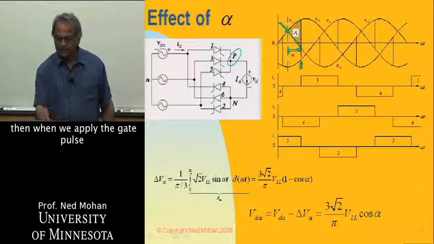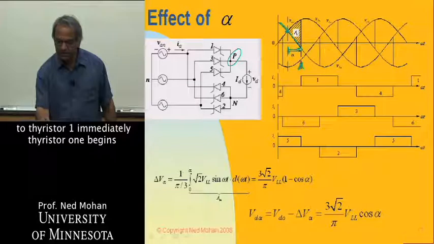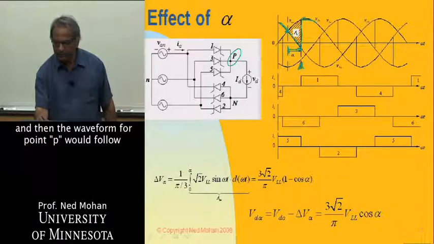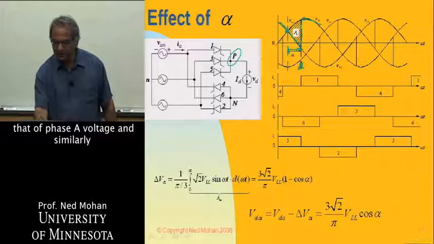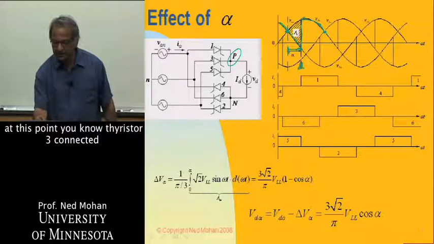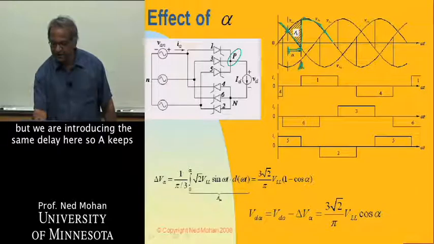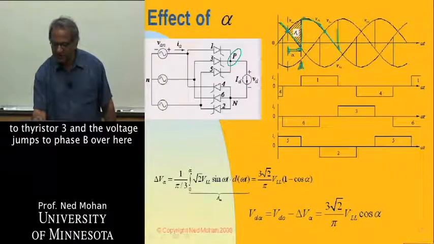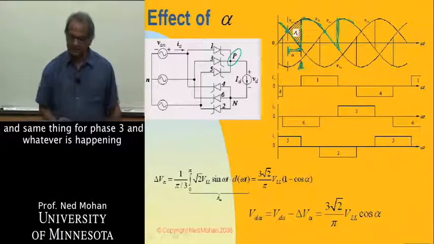And then when we apply the gate pulse to thyristor 1, immediately thyristor 1 begins to conduct, assuming no inductance on the AC side, and then the waveform for point P would follow that of phase A voltage. And similarly, at this point, thyristor 3 connected to phase B should have started conducting, but we are introducing the same delay here. So A keeps on conducting up to this point, and the gate pulse comes to thyristor 3, and the voltage jumps to phase B over here.